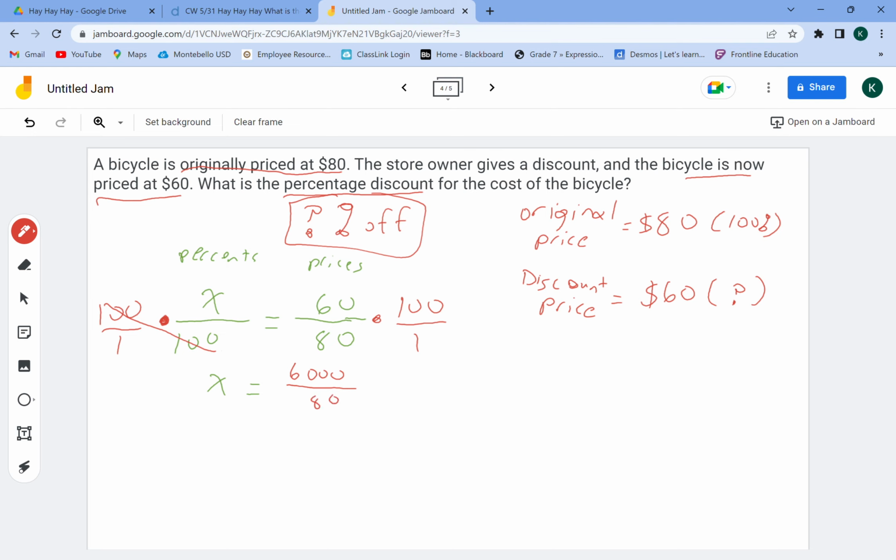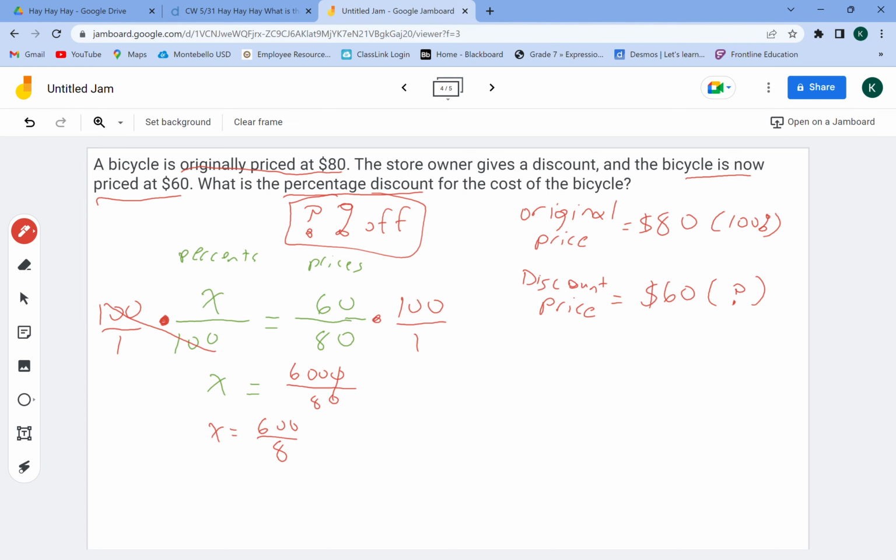Then I can simplify this. This is called zero crunching. I crunch those zeros out, and I technically have 600 over 8.